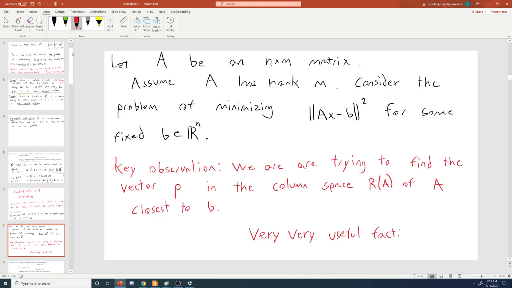The useful fact to us is that the orthogonal complement of the column space is in fact simply the null space of A transpose.